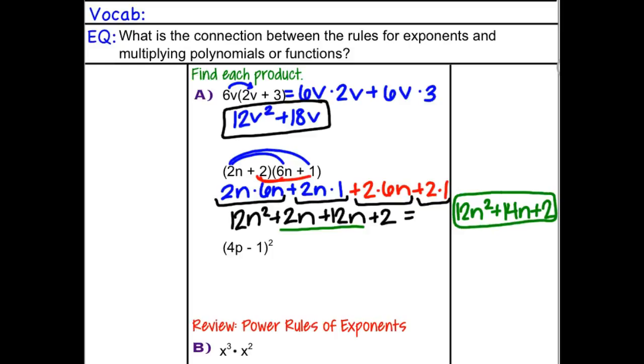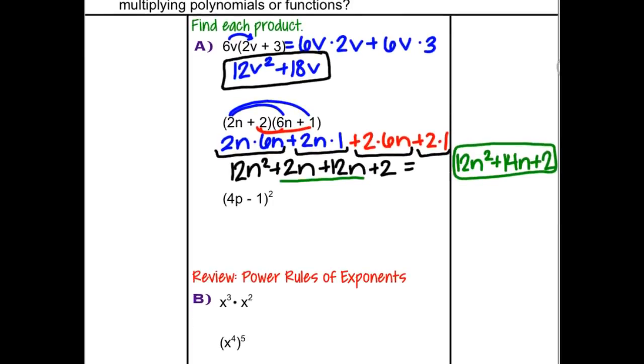All right, now 4p minus 1, the quantity squared. This is where a lot of you guys get yourselves in trouble. If you think back to Unit 1 when we were talking about exponent rules, which we'll get to reviewing some of those in a little bit, a lot of you guys kept saying we're going to distribute the exponent. We do not distribute an exponent, because this is where it gets you in trouble.